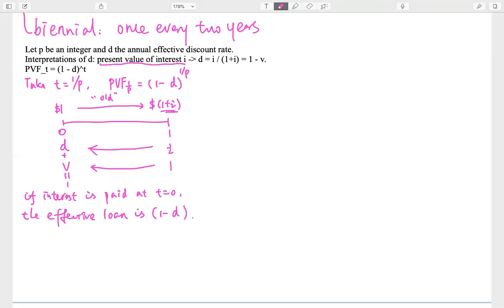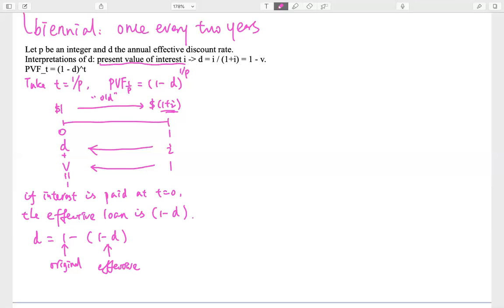So from here, what we can say is the discount is 1 minus (1 minus d), which is d. Of course, mathematically it's trivial, but we want the economic meaning. So $1 is the original size of the loan. When you walk into a bank, you fill out an application, you want to borrow $1.